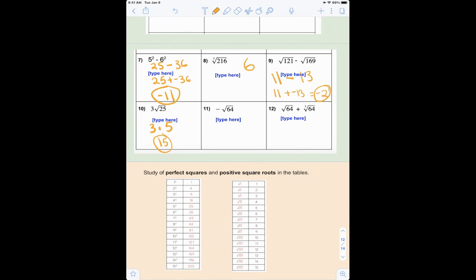So we know that it's the opposite, or negative, of the square root of 64, which is 4. All right, so the next one's kind of tricky. We're adding the square root of 64 to the cube root of 64. So we know the square root of 64 is 8, and the cube root of 64 is 4, and the sum of 8 and 4 is 12.